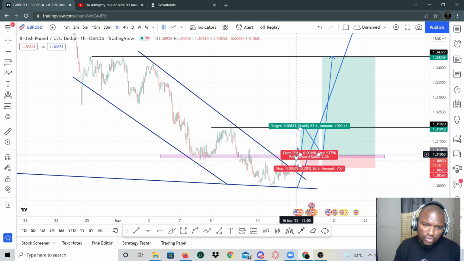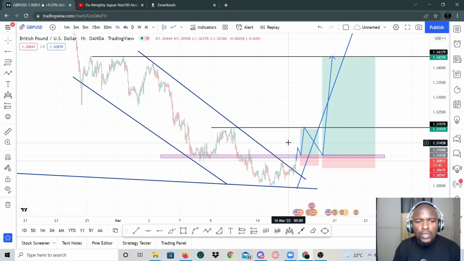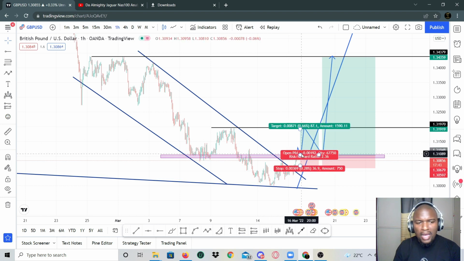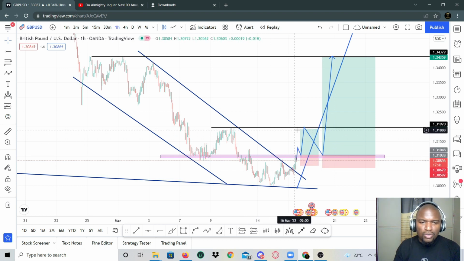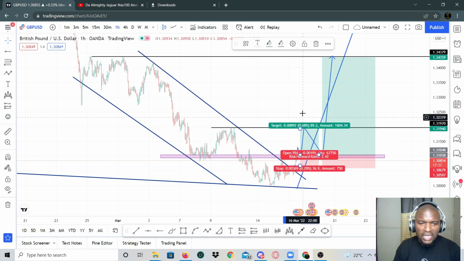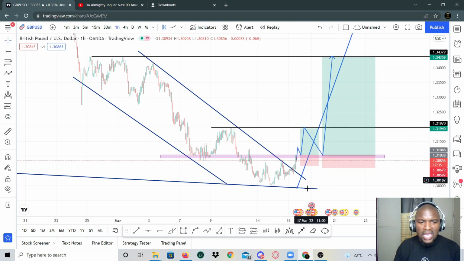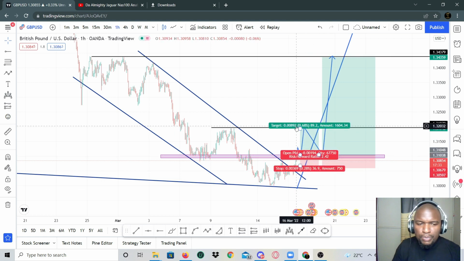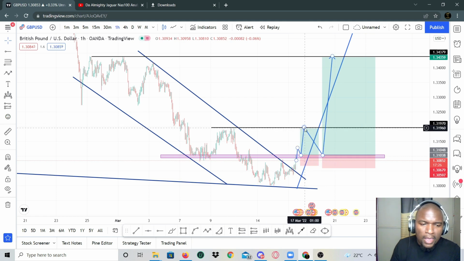The minute price crosses here, guys, that's when you can wait for a pullback above and capitalize on the market for this buy. And this is going to be your TP1, your overall TP that you have capitalized on this buy right here. And wait again for price to do what?